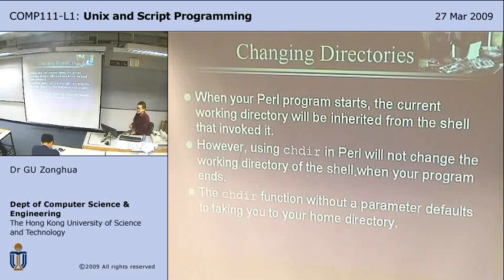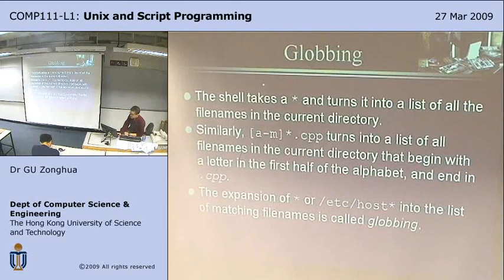Therefore, if you exit the Perl script, you'll be where you were before you invoked it. Any chdir you do in the Perl script will not affect your working directory outside of the Perl script. So chdir without any parameter defaults to take you to your home directory.